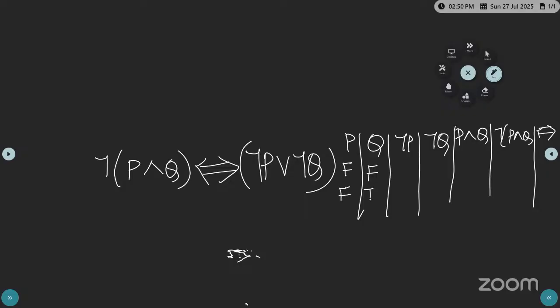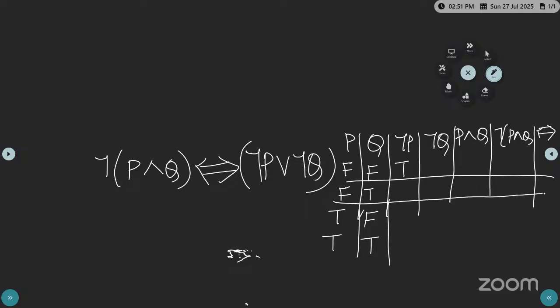False and true. True, false. And true, true. You know this, right? Yes or no? Then how will you get negation? Opposite of false is true. Again, opposite of false is true. This is false and this is false. Next, negation Q. Opposite of false is true. This is false, true and false.